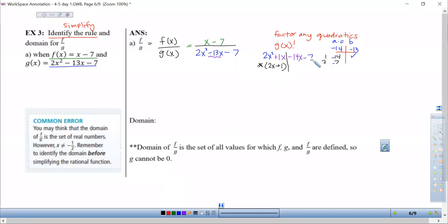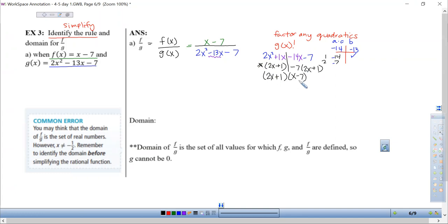The second pair of terms have a -7 as their common factor. And if I divide both of these by -7, I get a +2x and a +1. So that means that my factors of g of x are 2x plus 1 and x minus 7. So my common binomial factor is 2x plus 1.